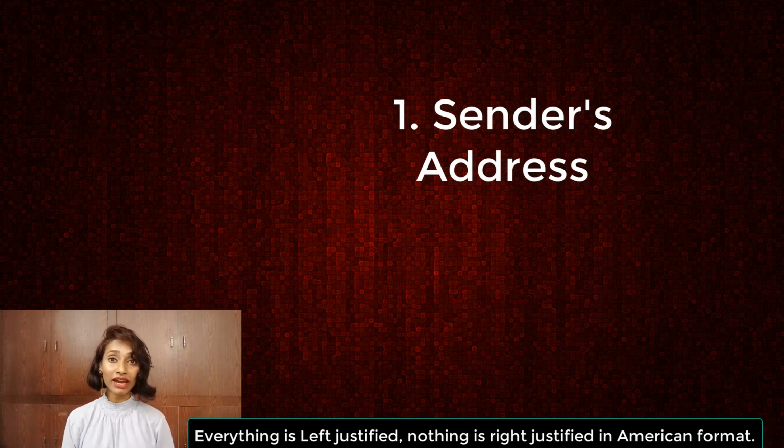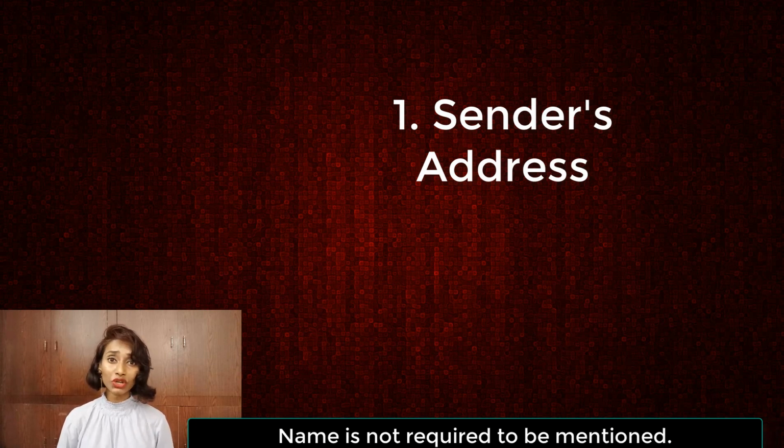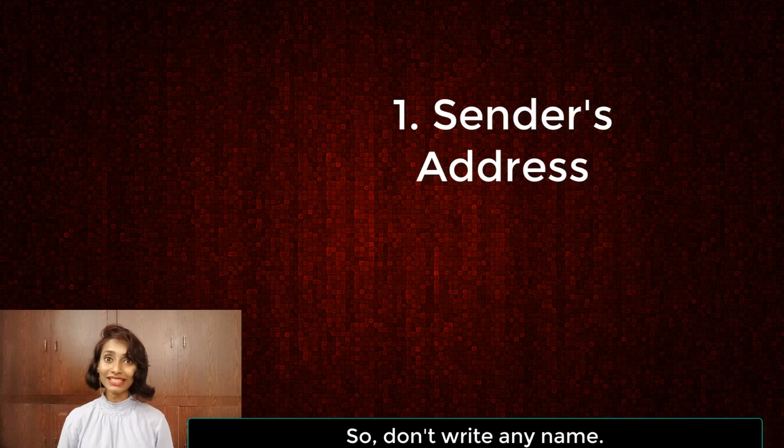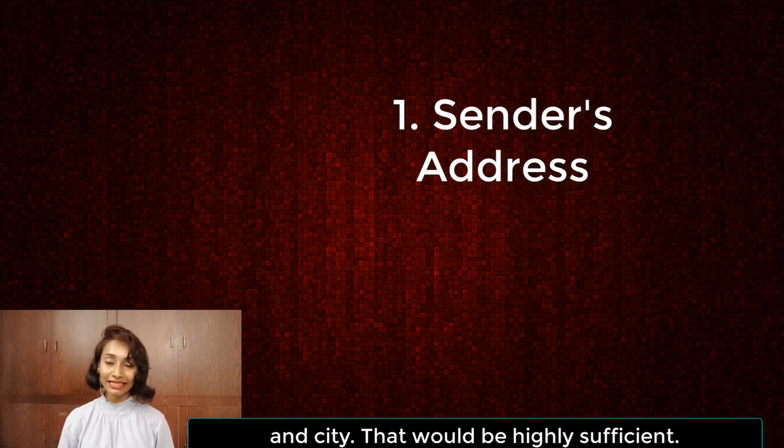Everything is left justified, nothing is right justified in American format. So start with sender's address or from address without writing name. Name is not required to be mentioned, so don't write any name. Just go ahead with door number, follow it with your area and city. That would be highly sufficient.